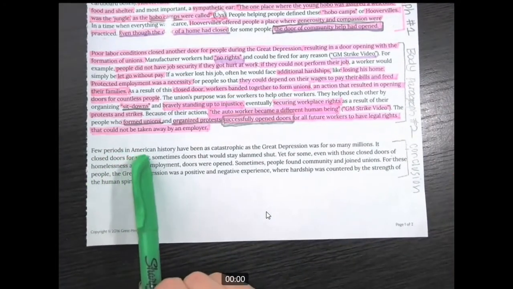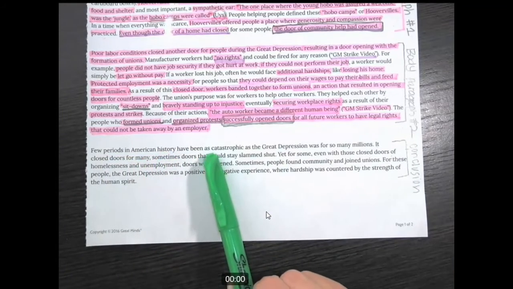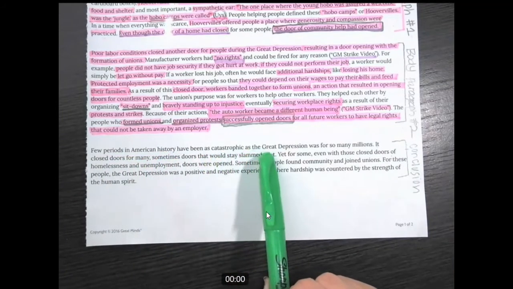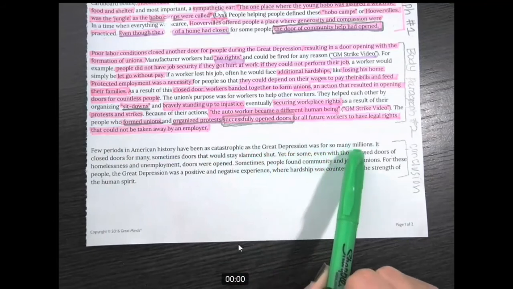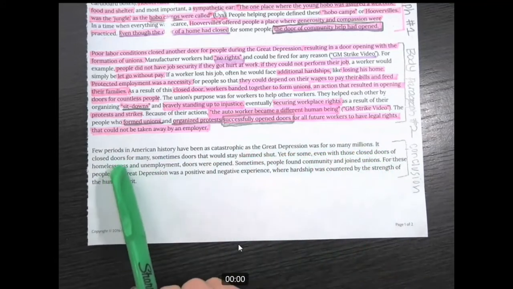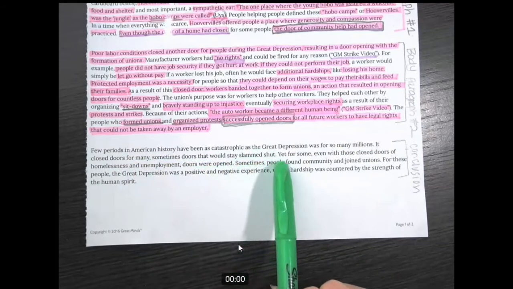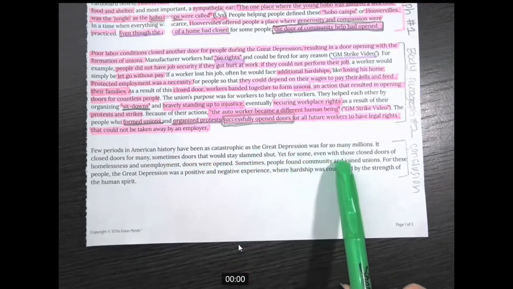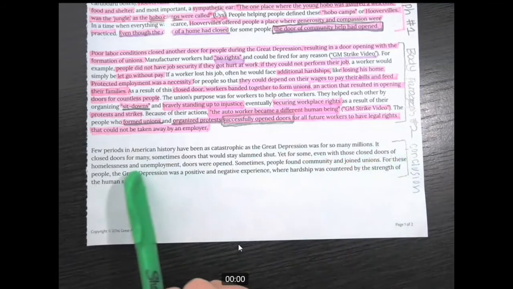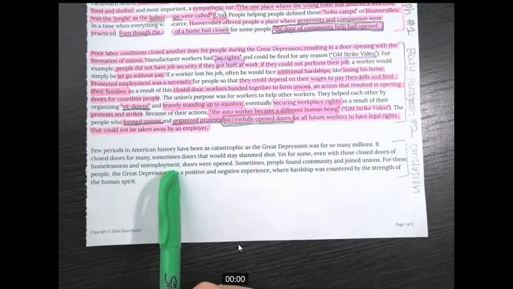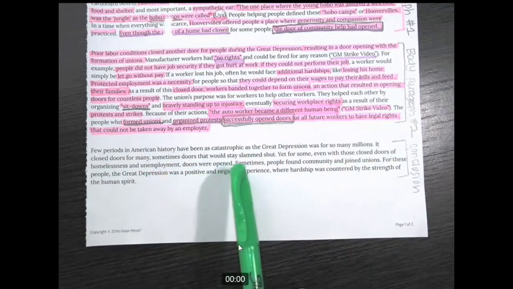Few periods in American history have been as catastrophic as the Great Depression was for so many millions. It closed doors for many, sometimes doors that would stay slammed shut. Yet for some, even with those closed doors of homelessness and unemployment, doors were open.